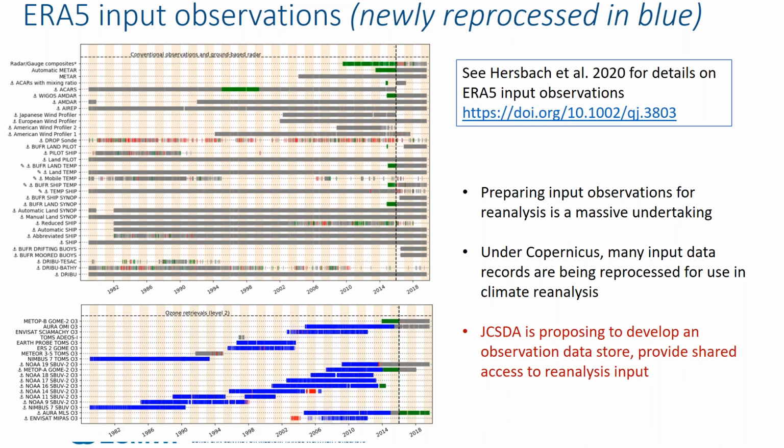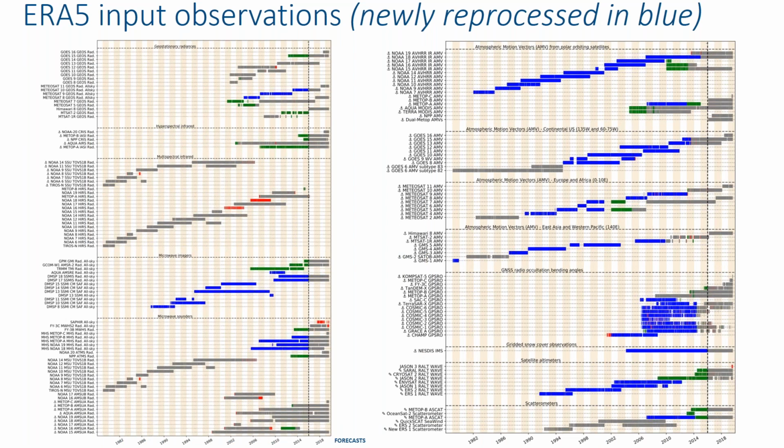The blue ones, if you could go back just a second to the previous? The blue bars indicate the observations that have been reprocessed, especially for ERA 5. So they were perhaps used in ERA interim, but they have been improved since then. And that's a major part of the observing system, including RO data, AMVs pretty comprehensively, ozone, etc. Next, please.